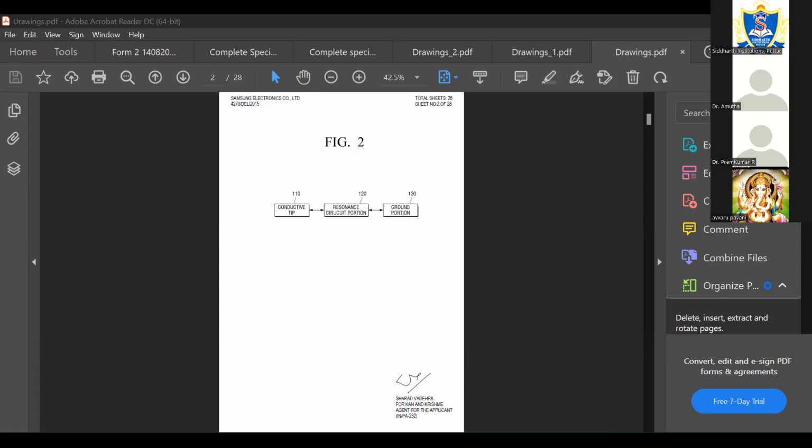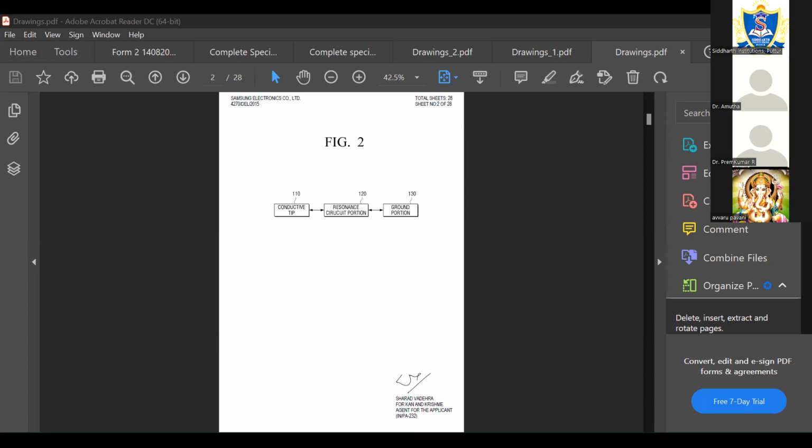A claim should be in such a way that it should not be too broad or too narrow. For example, in the case of a pen, if you are claiming a liquid instead of an ink, it is a very broad claim, right? Liquid includes water, milk, everything.